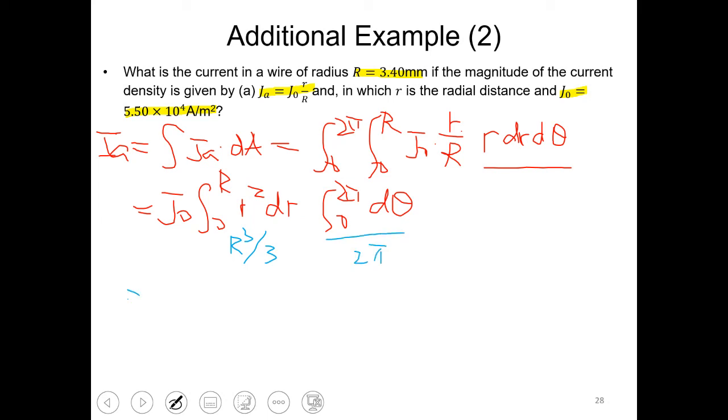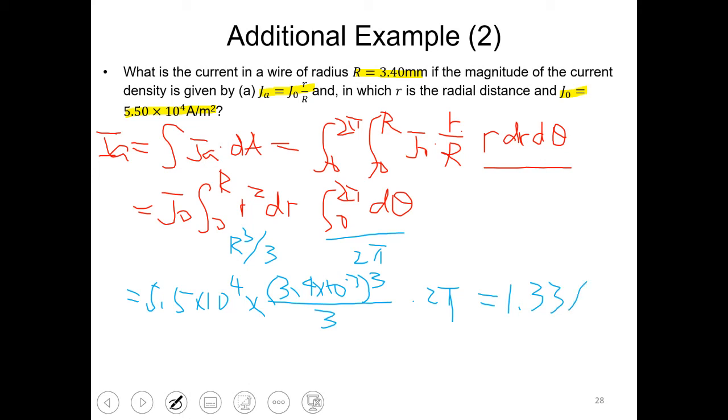So we have J0 to be 5.5 times 10 to 4 times R is 3.4 times 10 to minus 3, and then cubed over 3 times 2 pi. So it would be 1.338.